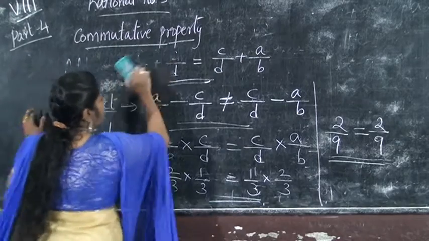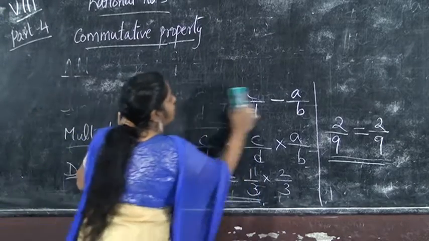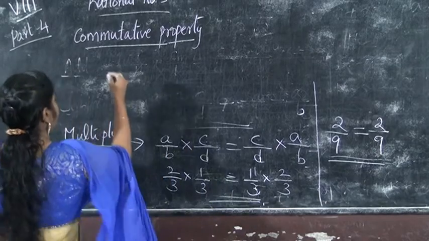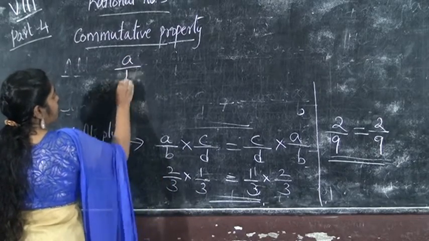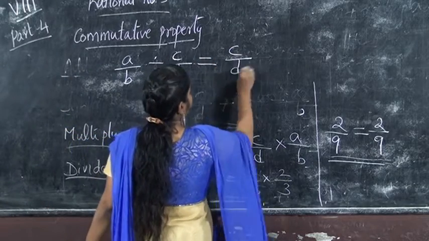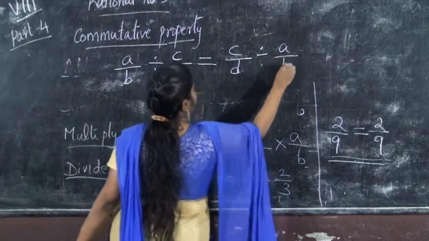If we think, we will be able to understand. Here for division, a by b divided by c by d is equal to c by d divided by a by b, isn't it?